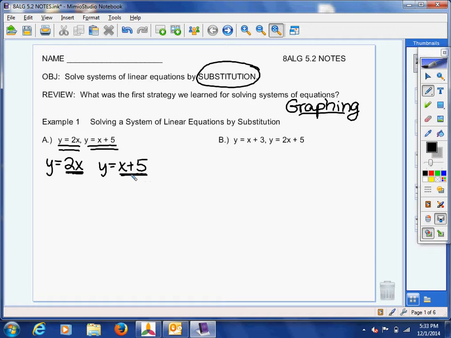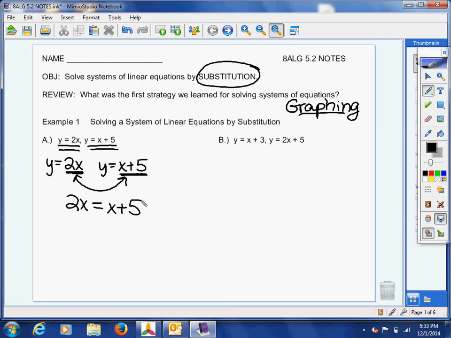If y is equal to 2x and y is also equal to x plus 5, then logic says these two should also be equal to each other. They are both y, and y equals itself, so 2x should equal x plus 5.